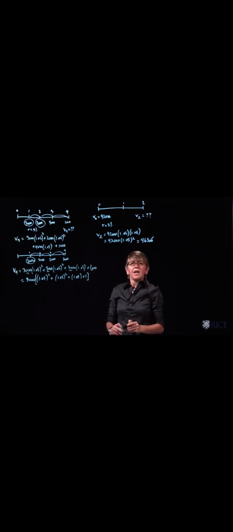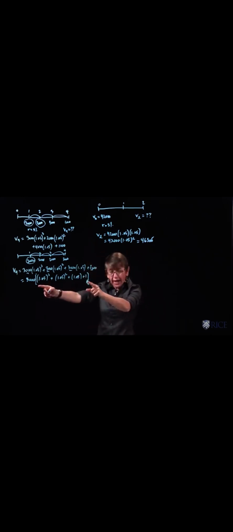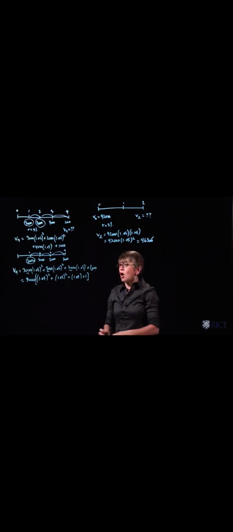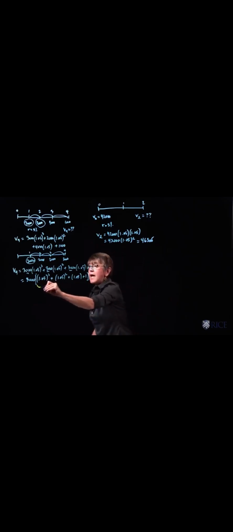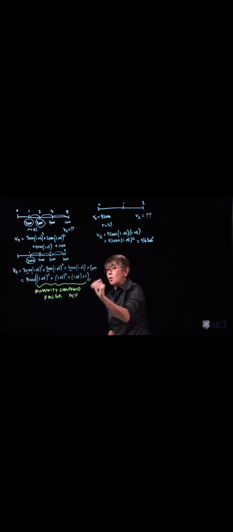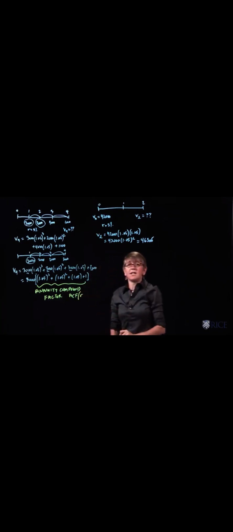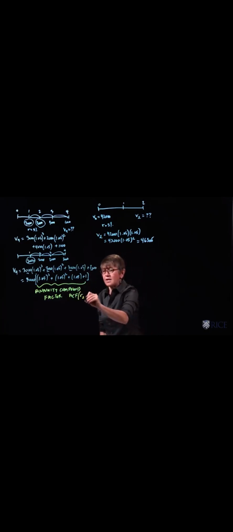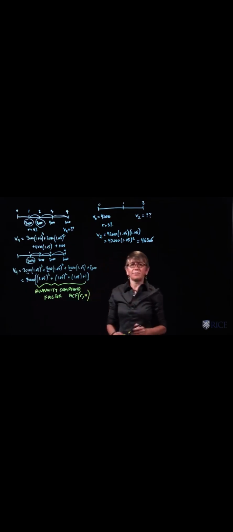Now, this thing in the brackets is what we call the annuity compound factor, or, short for ACF, where the parameters are the interest rate and the number of periods.